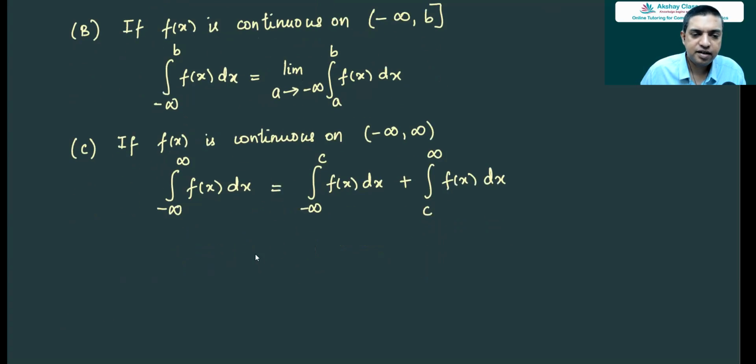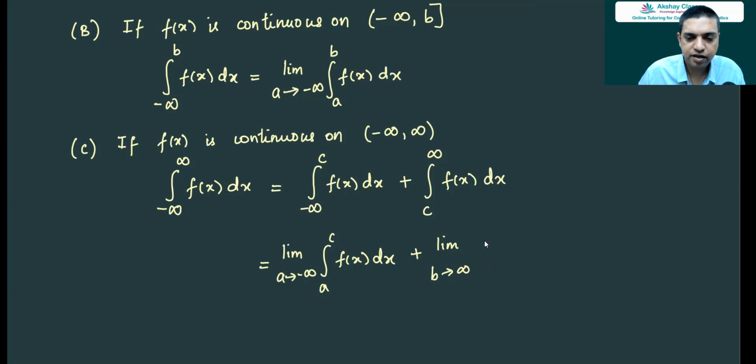Now we can apply the first part, integral a to c f of x dx, limit a tending to minus infinity, plus limit b tending to infinity, integral c to b f of x dx. So this is how improper integrals of the first kind are calculated.